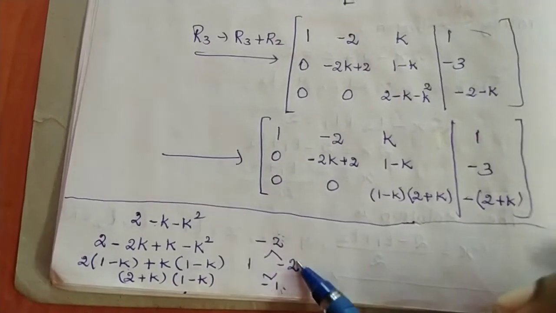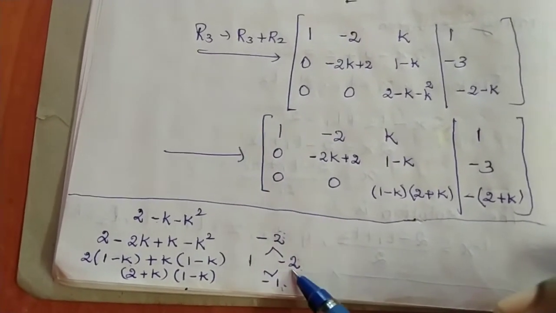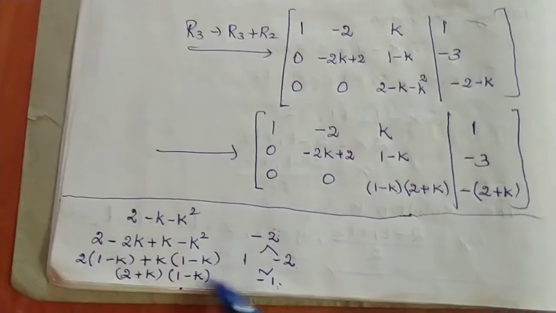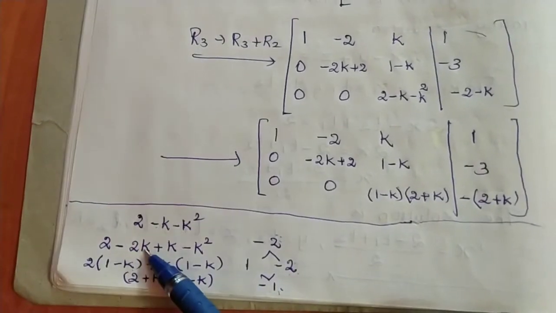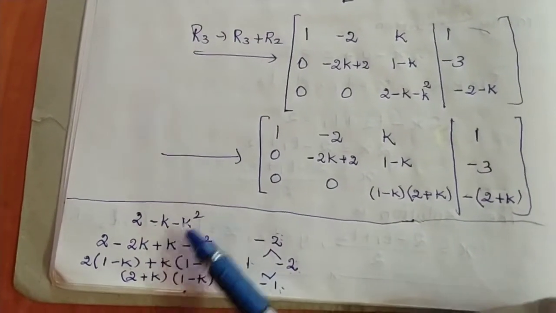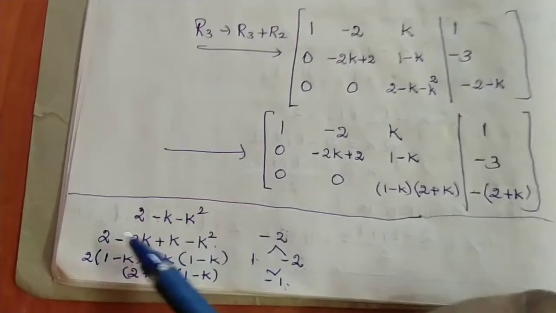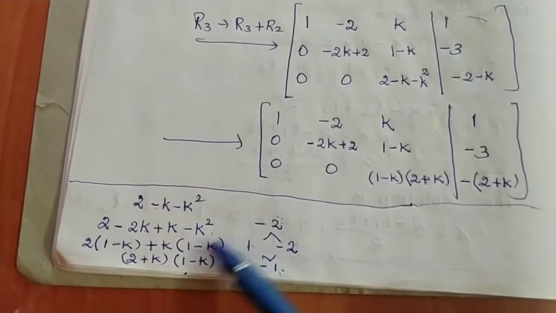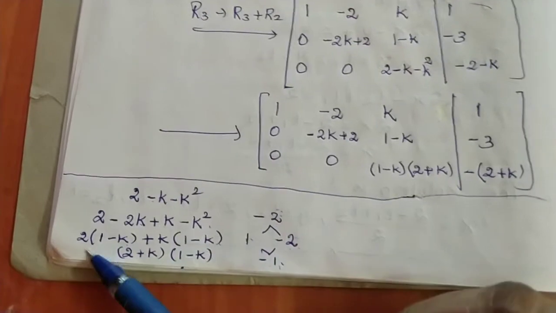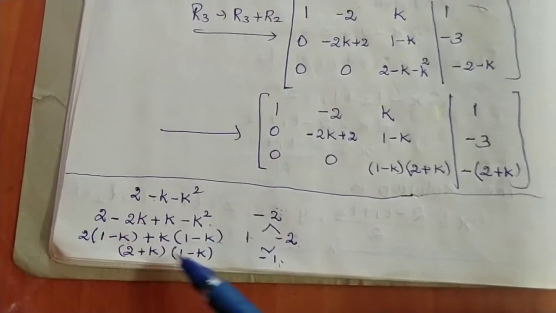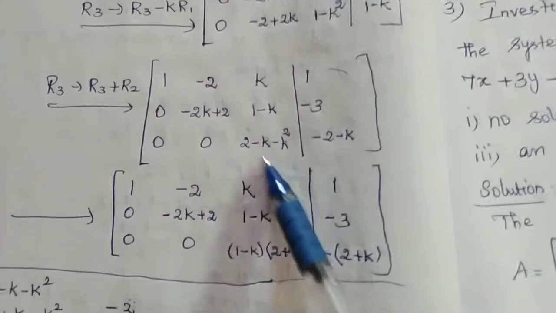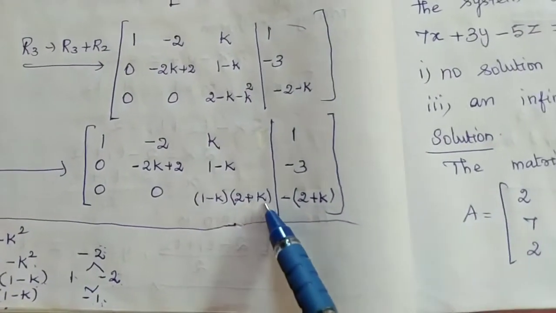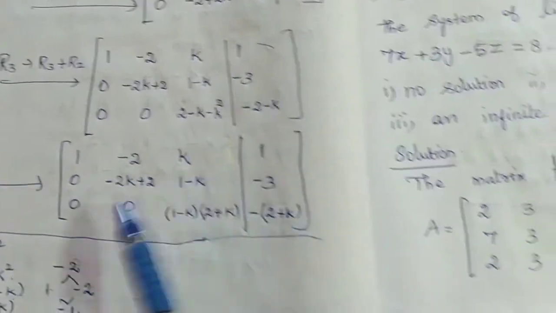So 2 minus 2k plus k minus k squared: take 2 common and 1 minus k common, which gives (2 plus k)(1 minus k). Only this place can be written as (1 minus k)(2 plus k); other numbers are no change.